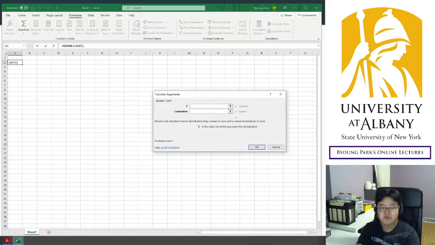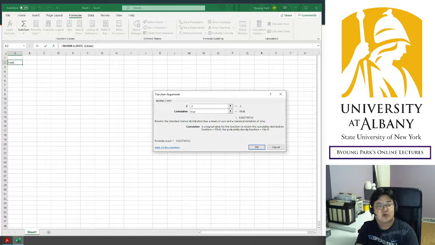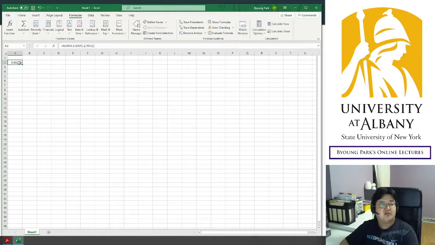This is the value you are calculating, -2. And cumulative, yes, we are using the cumulative distribution. So enter, then you get this. This is the probability.